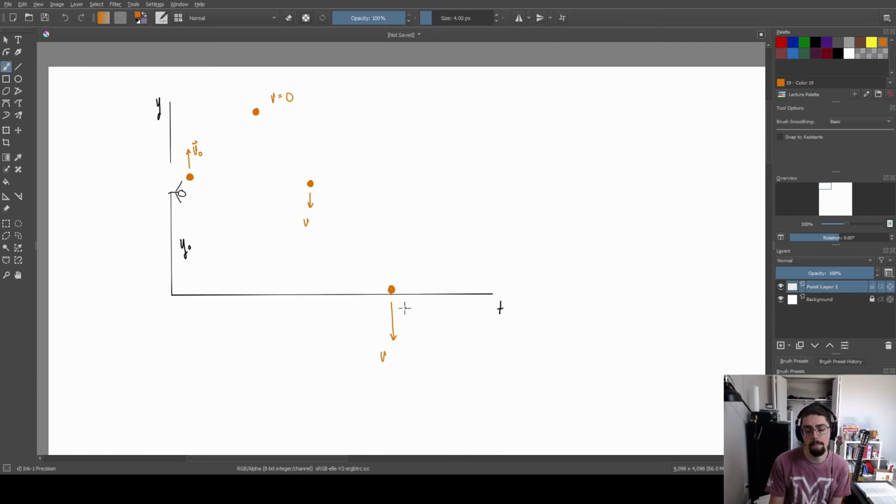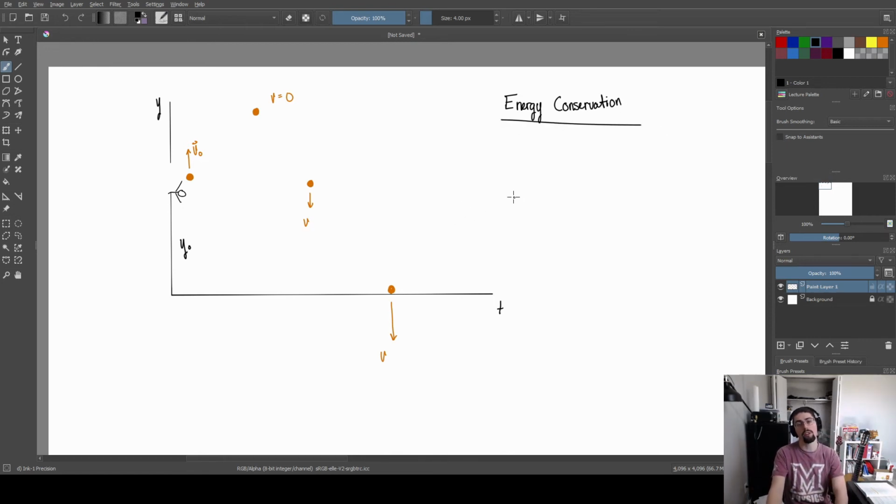So, our whole point here, energy conservation. In black, please. Name of the game. Energy conservation says anything we start with, we are going to hold on to for the entire time. So let's think about what we actually start with here.